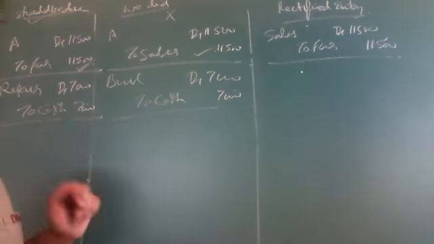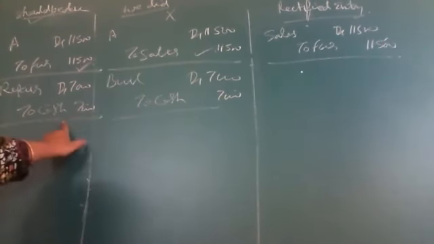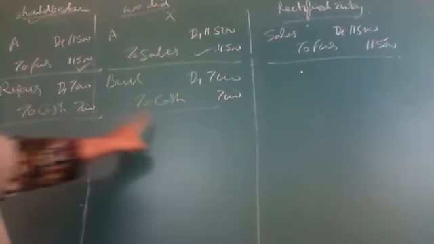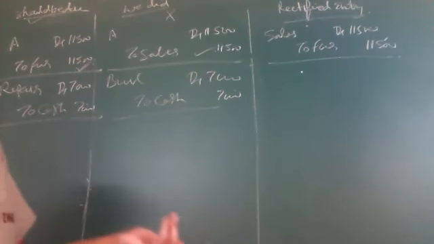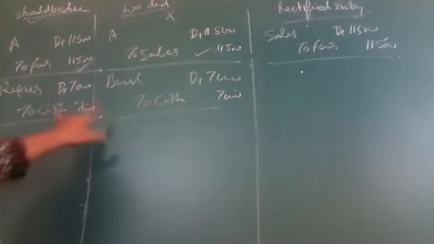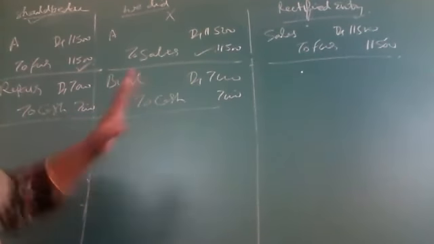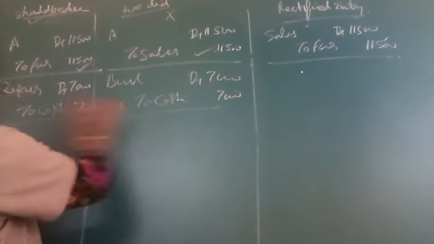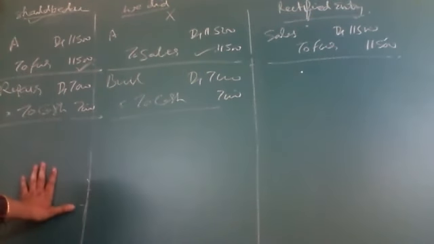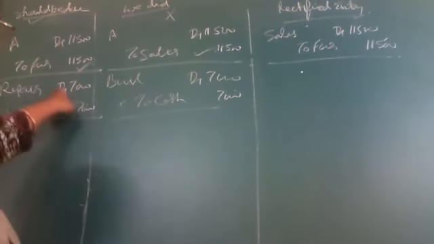Let's see the rectification. Now, just check it. Cash should be credit. Cash is in credit. Nothing was told about cash, so we should not mention it, and even if we mention it, there is nothing wrong in cash. Cash should be credit. Cash is in credit. That's okay. No correction is required. Then where is the correction required? Here.